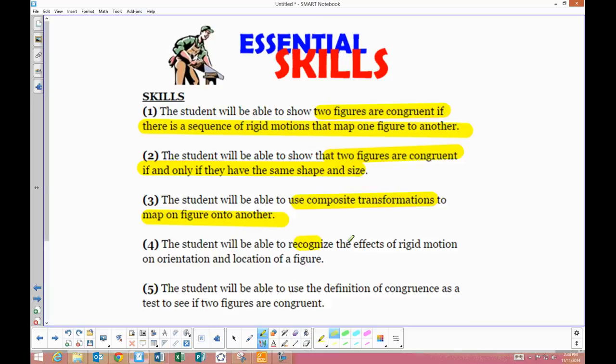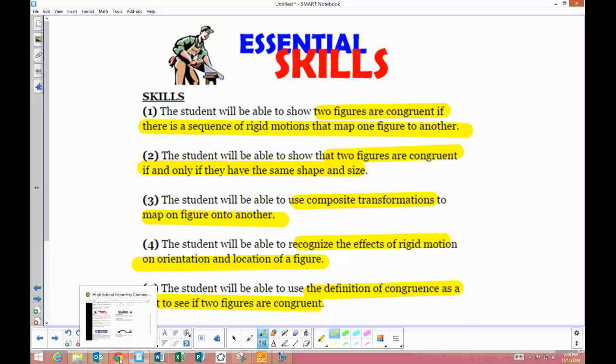You need to recognize the effects of rigid motion on orientation and the location of a figure. So orientation is the order of the points, and location is where it is in the plane. And last, you're going to need to use the definition of congruence as a test to see if figures are congruent.